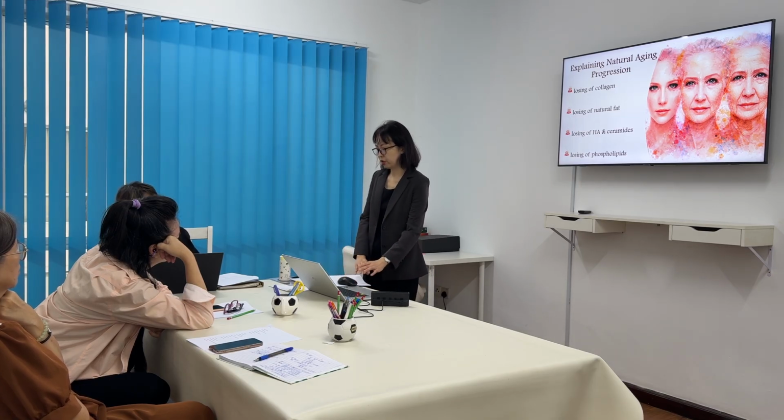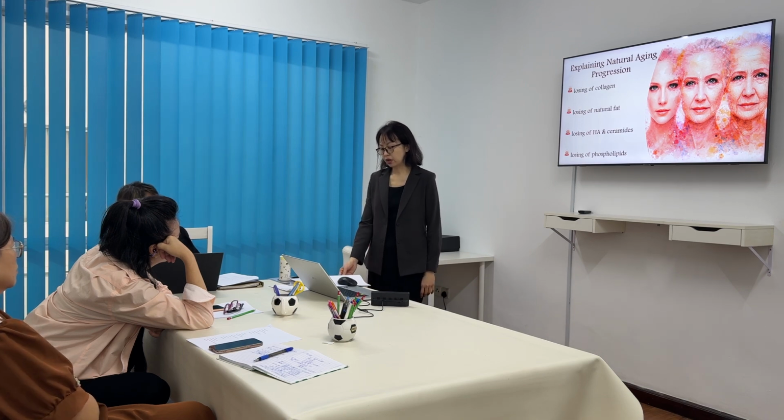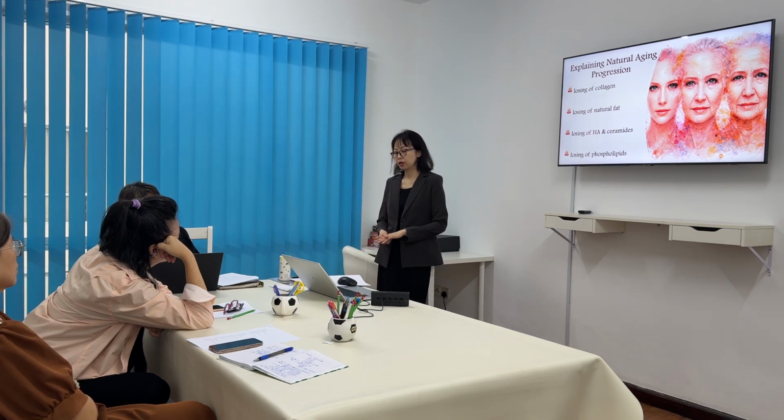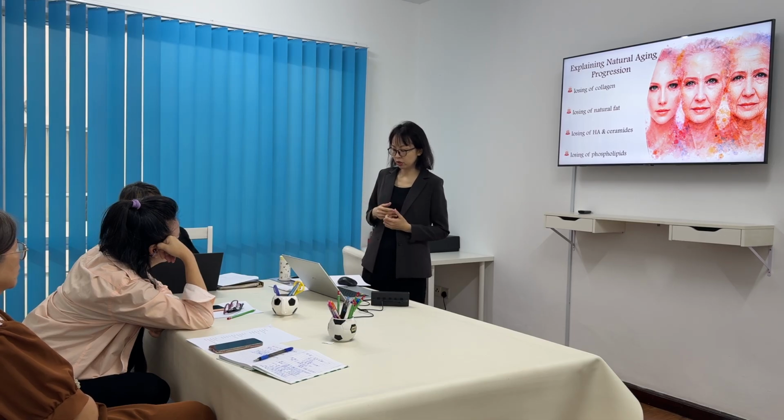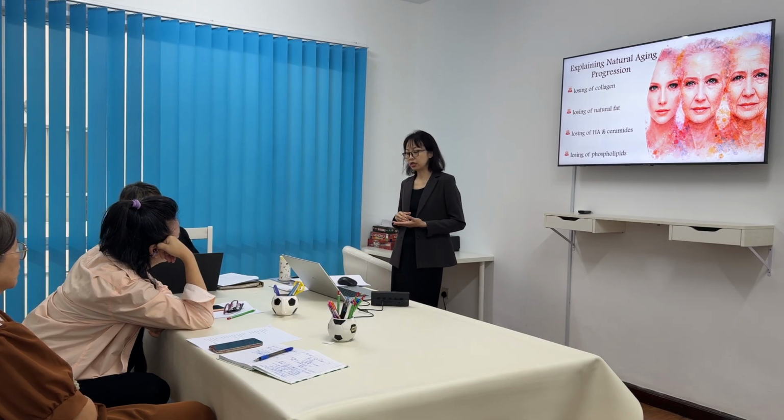So what happens with age? The fat layer becomes thinner, which means empty space under the skin. Visible signs will be facial hollowing, dropping or sagging. Skin looks more fragile. Fat loss is why the face looks less plump and more sunken as we age.